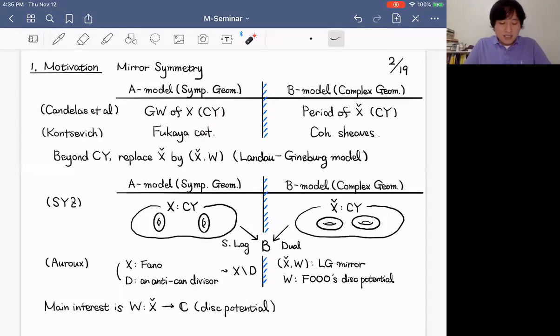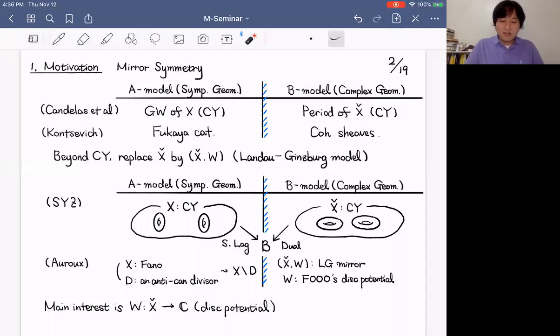But we can extend the story to the non-Calabi-Yau setting by replacing the space by the Landau-Ginzburg model, so the mirror space together with the regular functions on it.